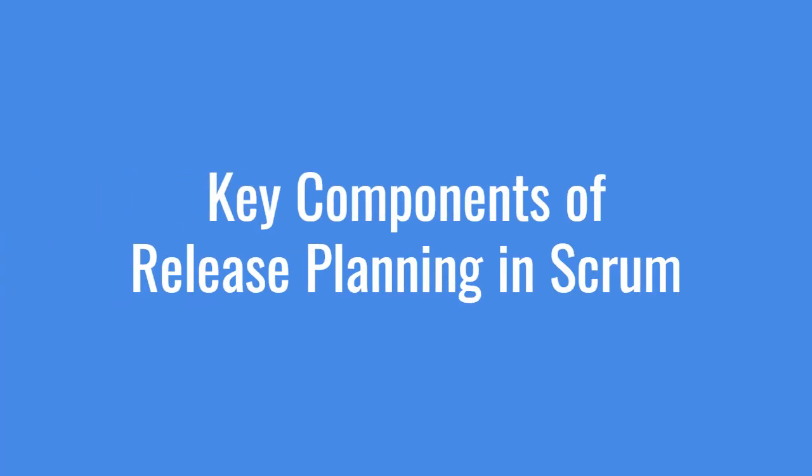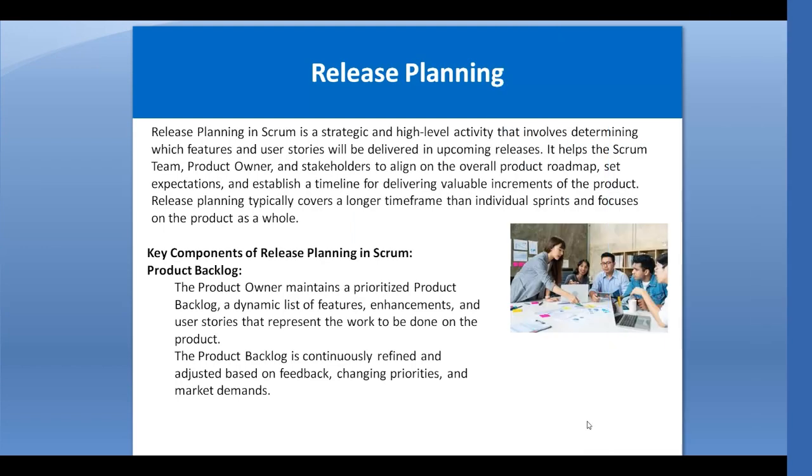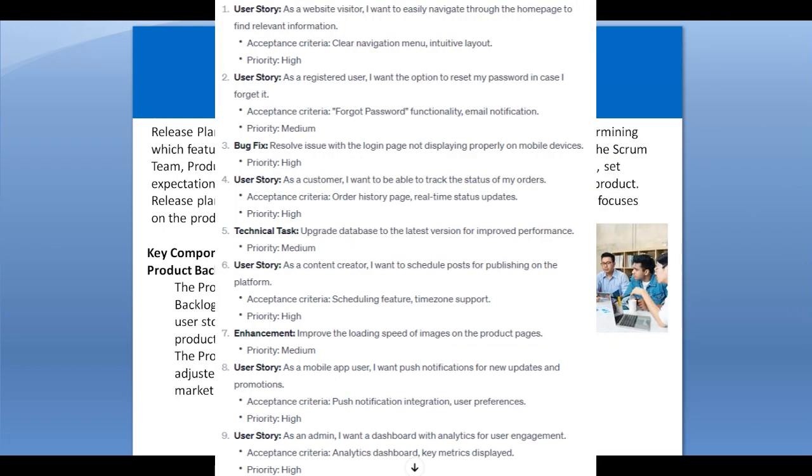So the key components of release planning in Scrum are, first, the product backlog. Product backlog is basically the set of requirements which are required for the product, and the product owner maintains the prioritized product backlog. Prioritized means the top priority product backlog item will be on the top and the low priority will be at the bottom.